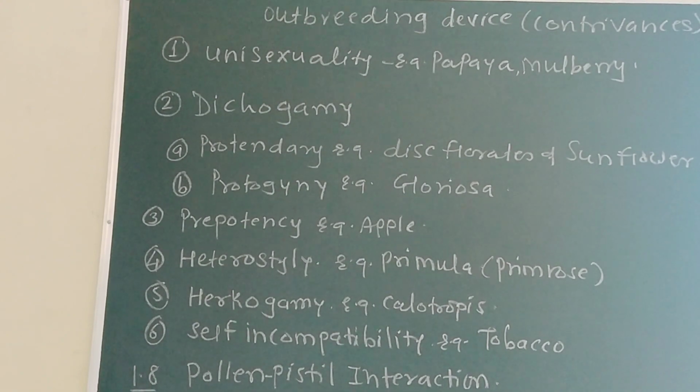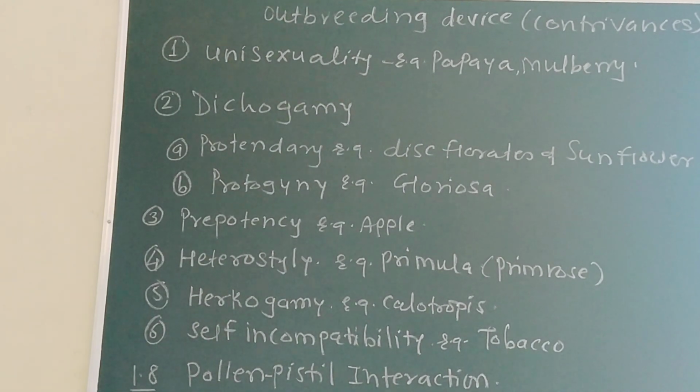Thus, the wrong type of pollen is discarded by the pistil, and compatibility and incompatibility of pollen and pistil is determined by special proteins. The stigmatic surface refuses the incompatible pollen grains and accepts the compatible pollen grains.